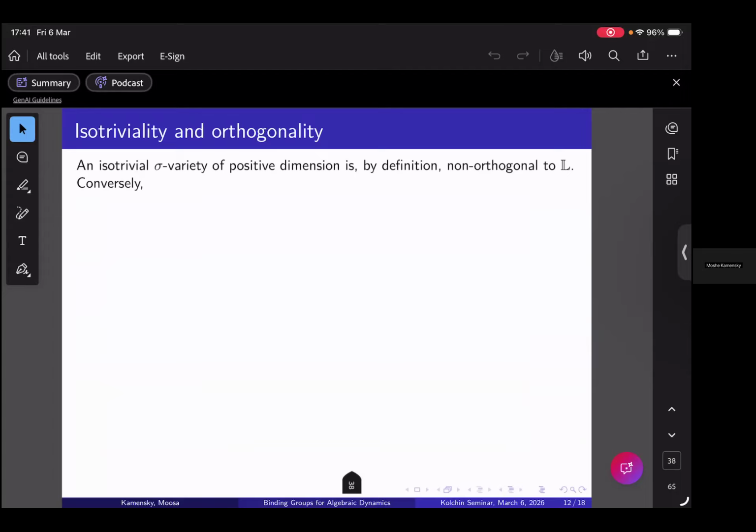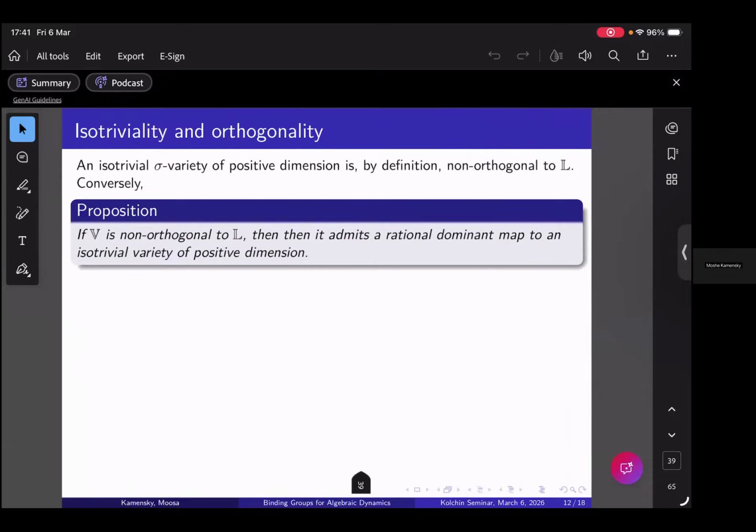Well, I don't know how to quantify it, but there is a strong relation between being isotrivial and being non-orthogonal to L. Of course, if you are isotrivial, then you're definitely non-orthogonal to L. The converse is not true, but something is true in the converse: if you are non-orthogonal to L, then you have a surjective map to some isotrivial sigma variety, which is non-trivial, which has positive dimension.